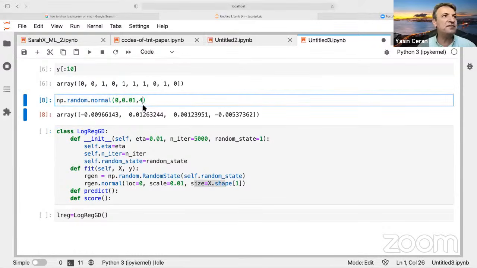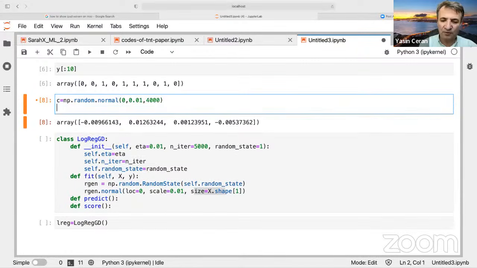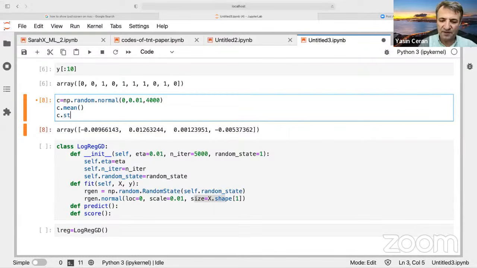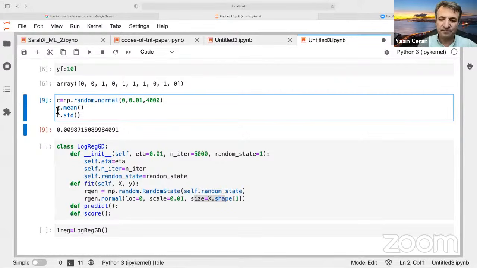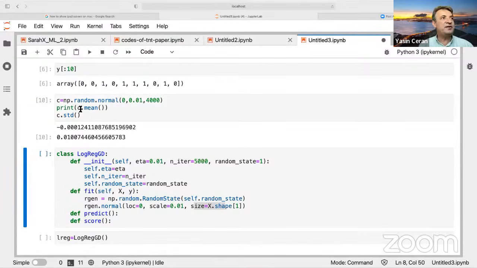If I make this size 4,000, let's call this C, and check the mean of C and the standard deviation of C, as you see, the mean is almost 0 and the standard deviation is 0.01.